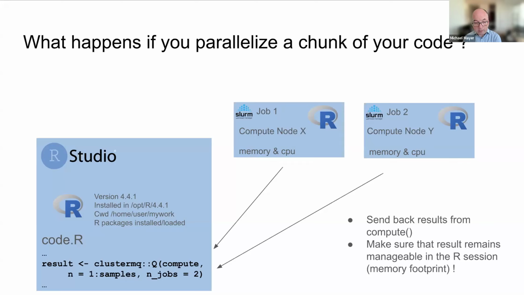Then you can soon come into a region where this result data structure does not fit in your RStudio session, and you will get problems with resources there. So whenever you write those functions, make sure that the return of those compute functions is as small as possible and as big as necessary.